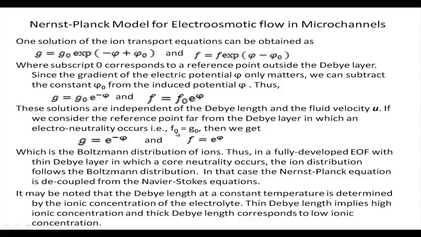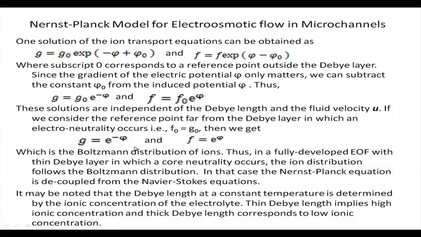So at the equilibrium, or in the core where electroneutrality is established, I can write the solution as g equal to e to the power minus phi and f equal to e to the power phi. These are the scaled mole fractions of the cations and anions. So clearly these are governed by the same Boltzmann distribution of ions, and they also form the solution of the Nernst-Planck equation.